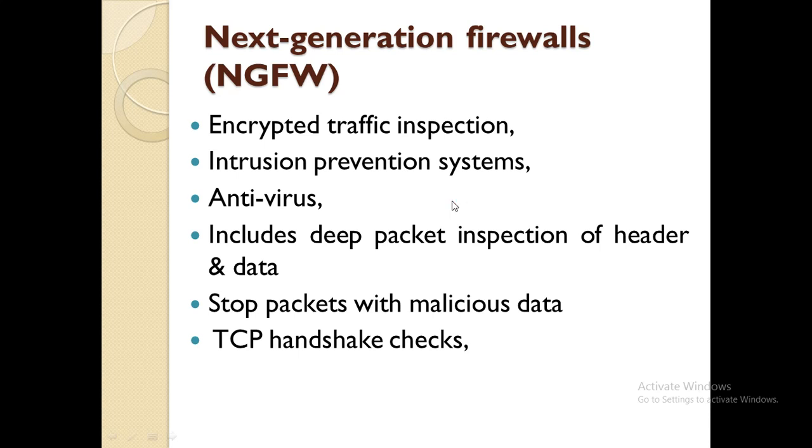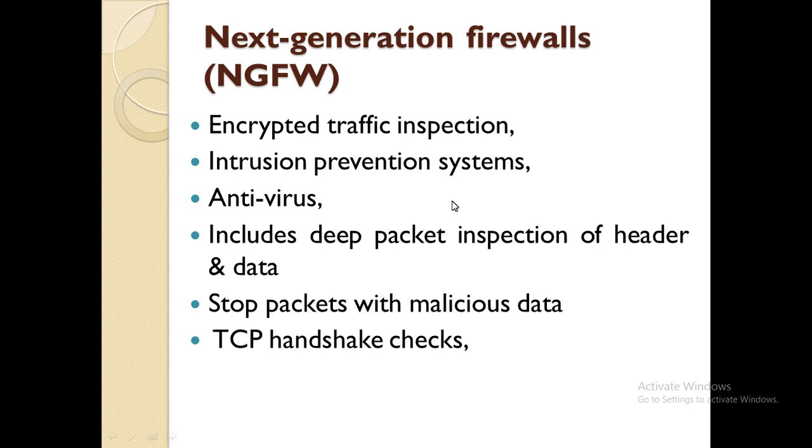They will take care of what actions they can take. So it is not detection, it is prevention. Before things can occur, it will take measures. Then we can see updated antiviruses as well as deep inspection of header and data, which is also included. Malware can also be found in the packets, and handshakes can also be checked.